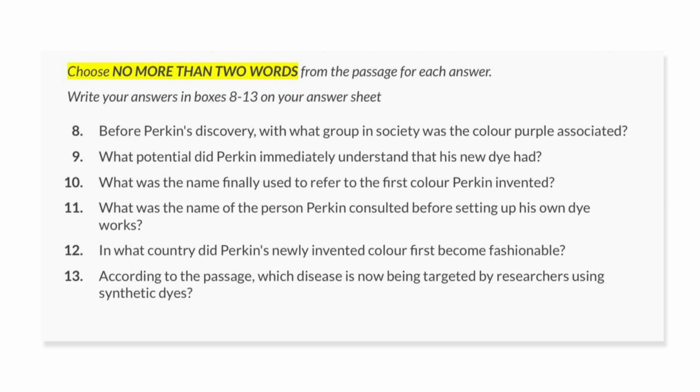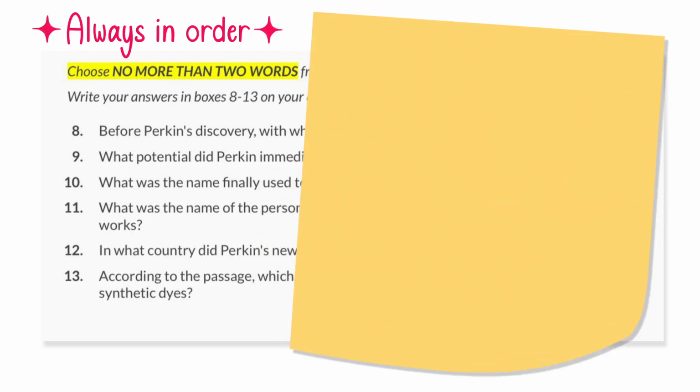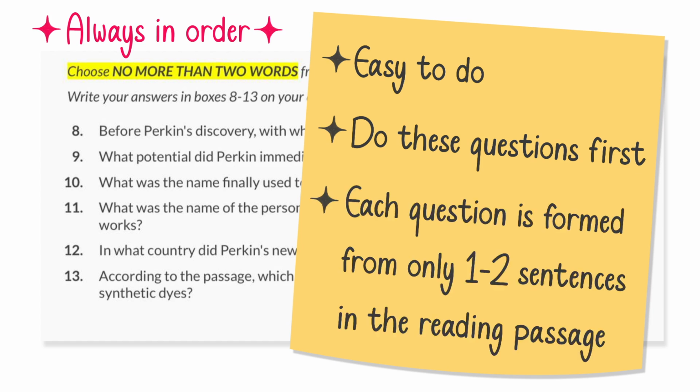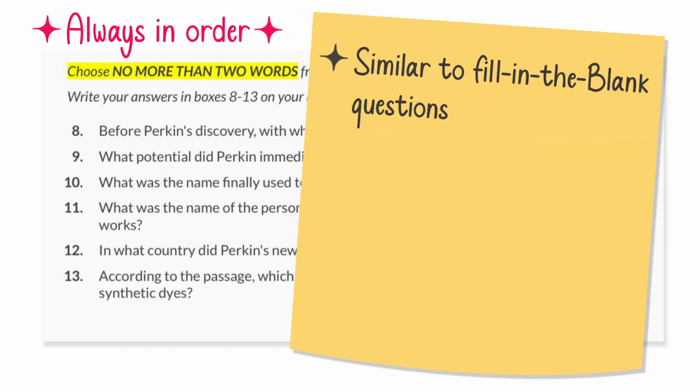And as I said before in our previous sessions, short answer question types are always in order, so they're easy to do, and you should do these questions first. Each question is formed from only one or up to 2 sentences in the reading passage, and it's similar to fill in the blank questions.